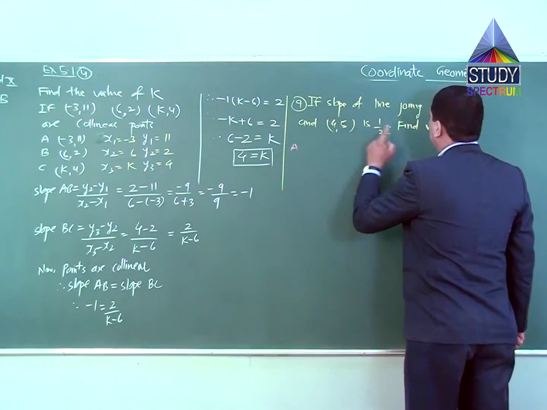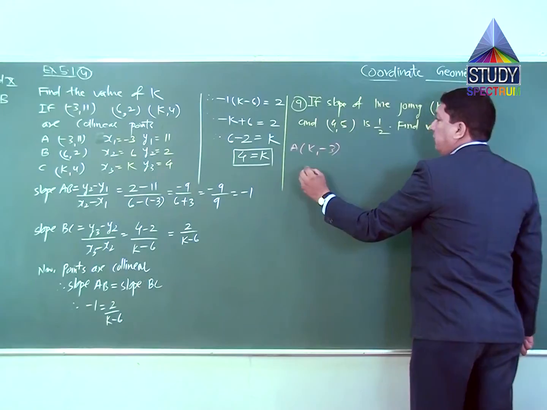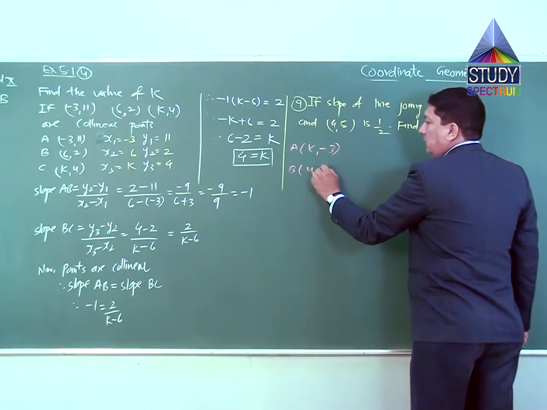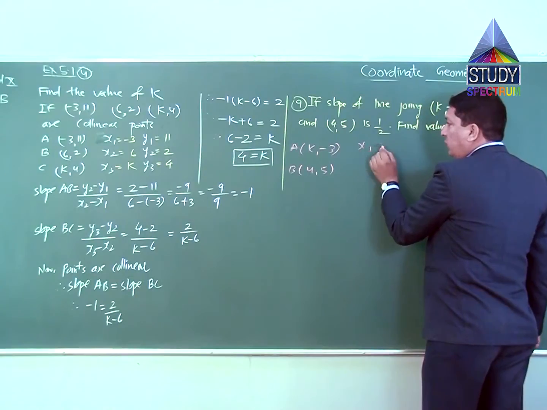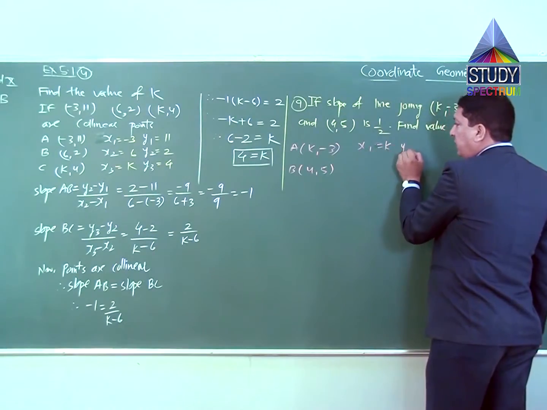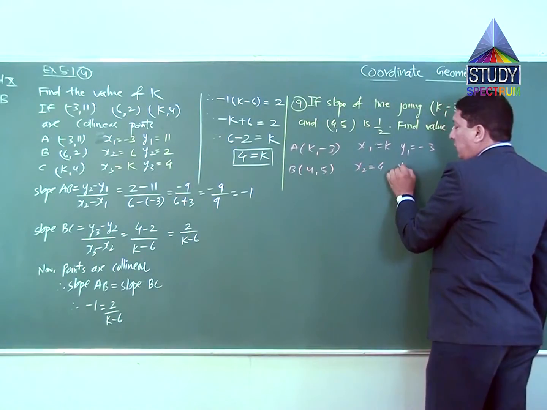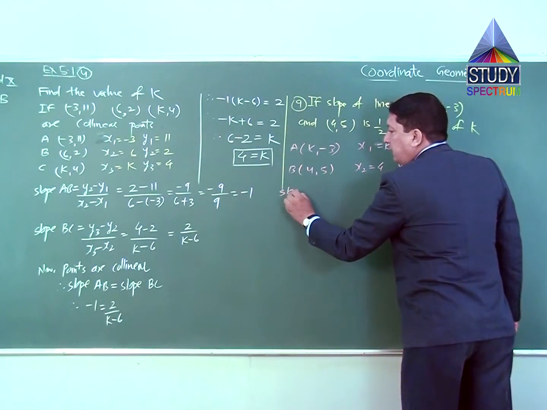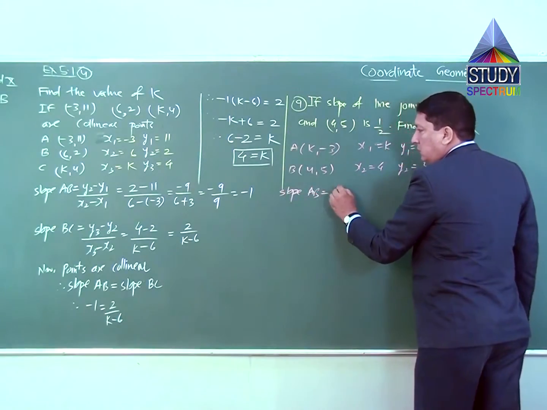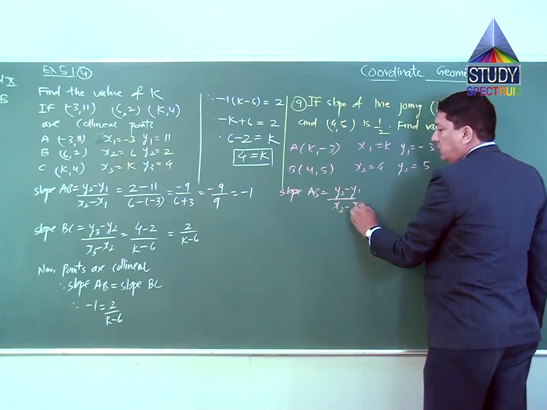Say points are (K, minus 3) and (4, 5). X1, Y1. So X1 given to us is K, Y1 is minus 3, X2 is 4, Y2 is 5, right? Slope of line AB is Y2 minus Y1 upon X2 minus X1.